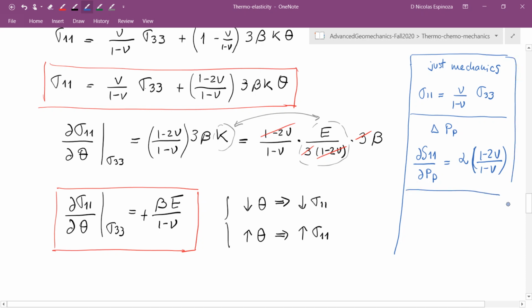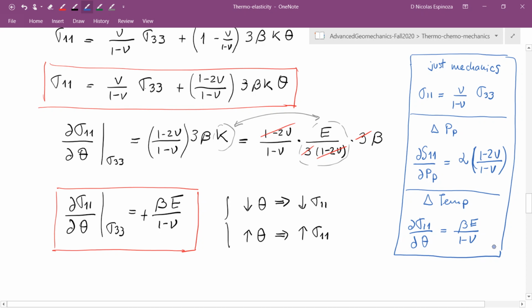And last, now we see that for a change of temperature, the coefficient that tells us what is the variation of stress with temperature is equal to this parameter, beta E over 1 minus Poisson ratio.